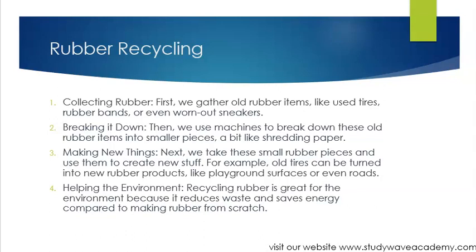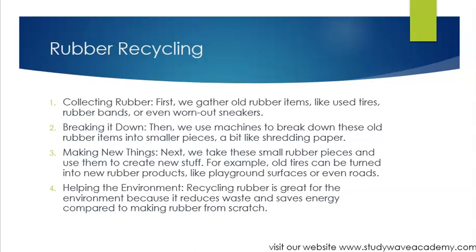Okay, so now we know everything about rubber, right? We talked about the meaning of rubber, that rubber is a special material that can stretch and return to its original shape, right? It's made from the sap of rubber trees, or it's created in a factory using chemicals. Then we also talked about the meaning of rubber technology.